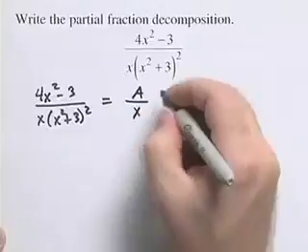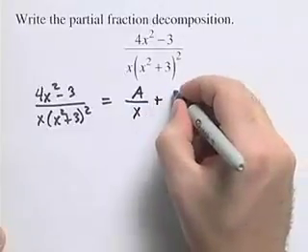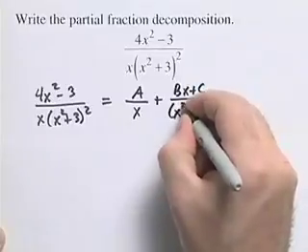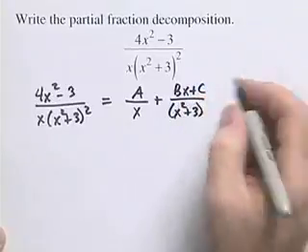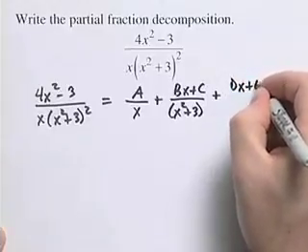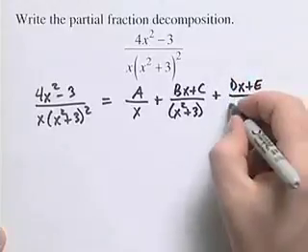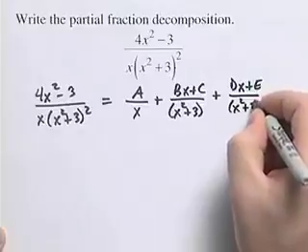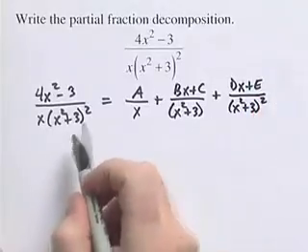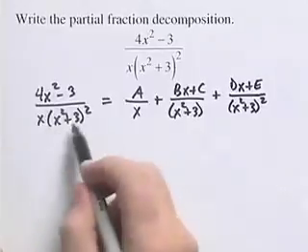divided by x, our linear factor, plus bx plus c over x squared plus 3, that's our quadratic factor, plus dx plus e over x squared plus 3 quantity squared. We're going to clear the fractions by multiplying by this denominator.